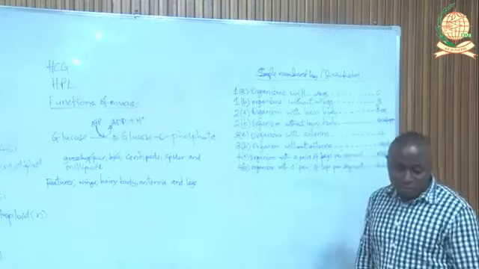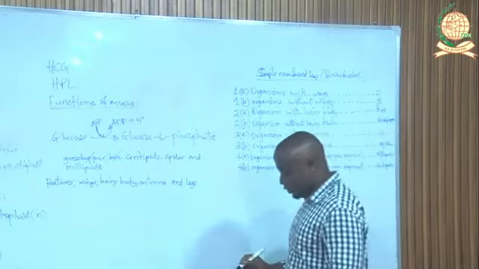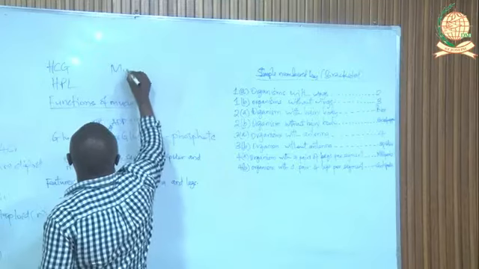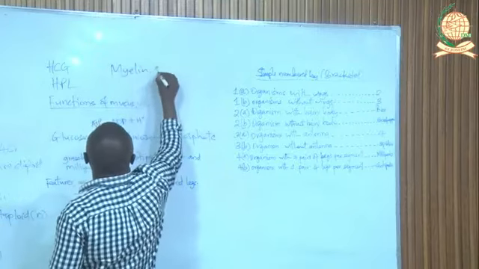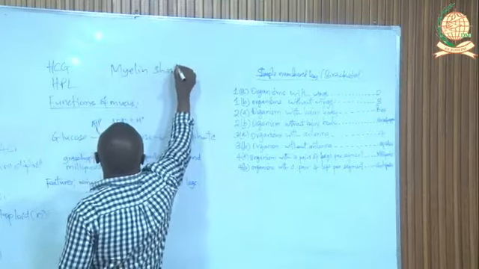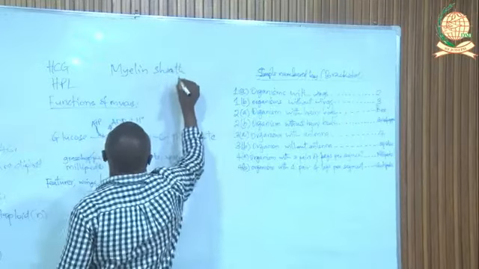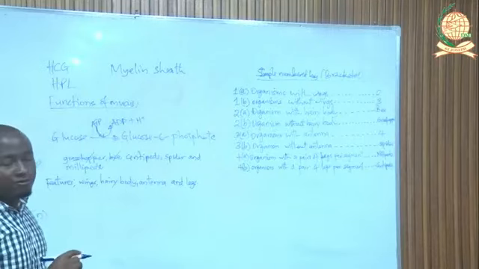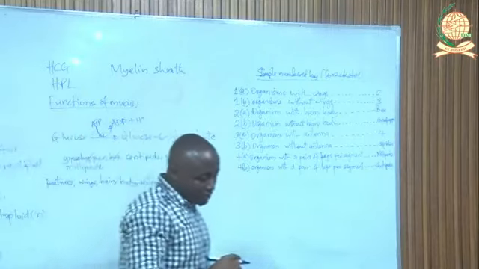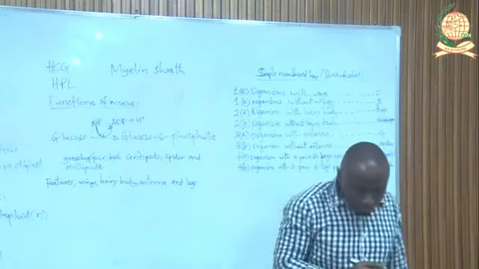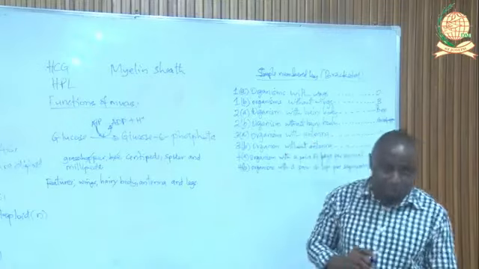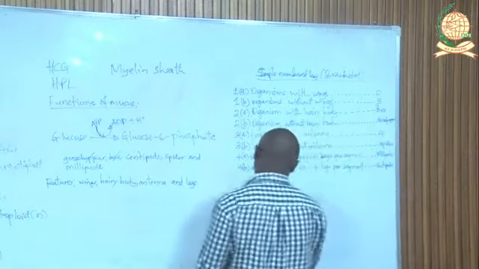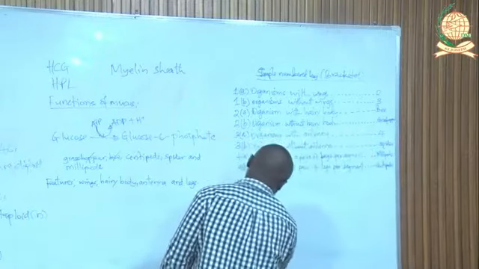The first one is myelin sheath. How does the myelin sheath affect the speed of transmission of nerve impulse? The myelin sheath is just a layer that acts as an insulator.